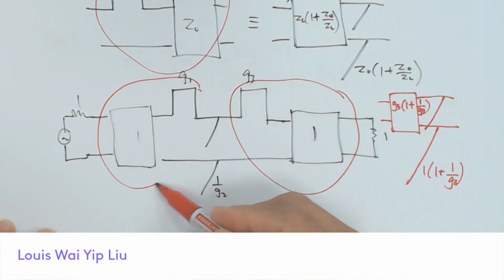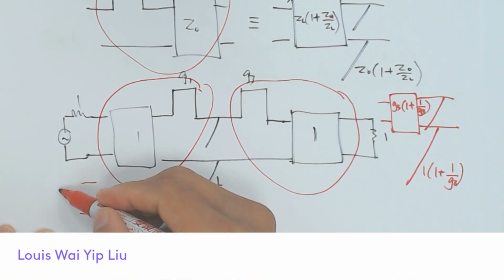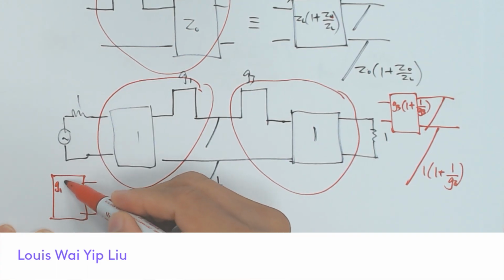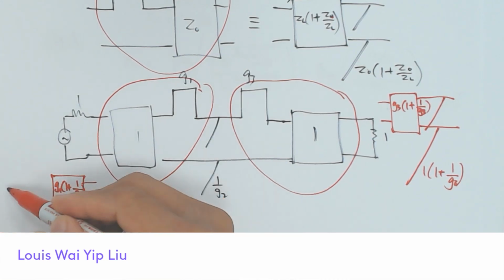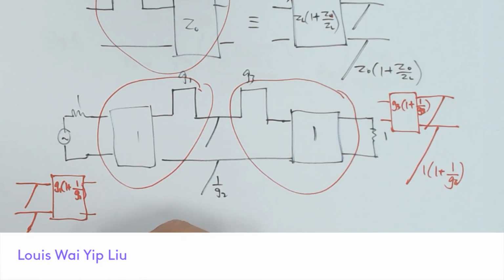This step will be equal to G1, 1 plus 1 over G1, and we will have an open circuit stub and 1 plus 1 over G1.